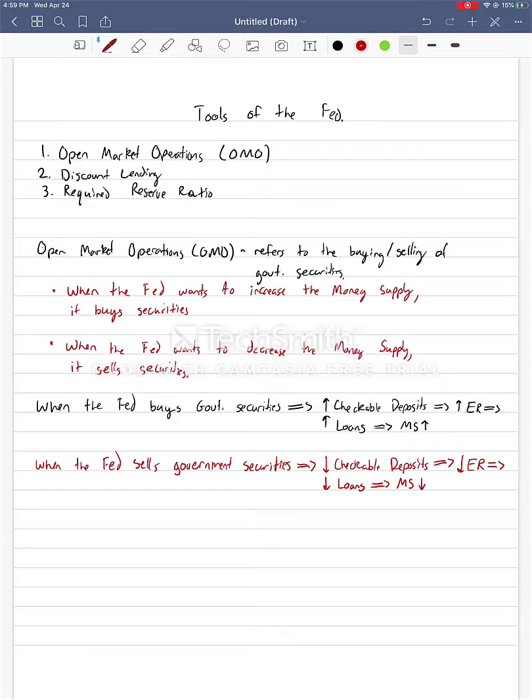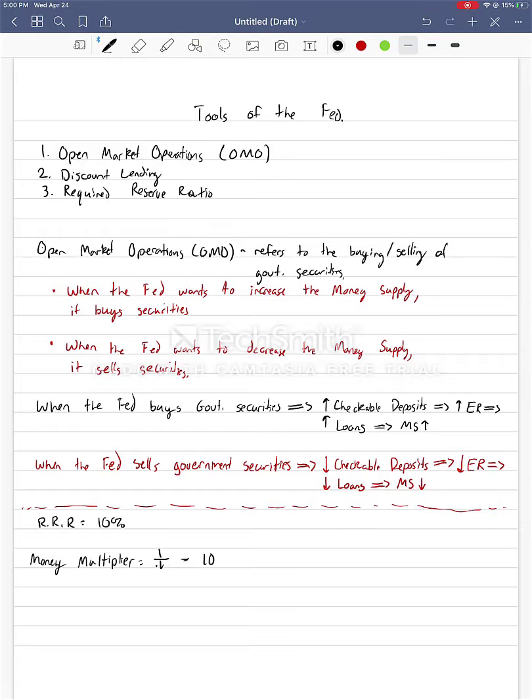So if we find our required reserve ratio, let's say it's 10%, which means that banks must have on hand at least 10% of their checkable deposits, our money multiplier is going to be equal to 1 over that required reserve ratio, which is 0.1.